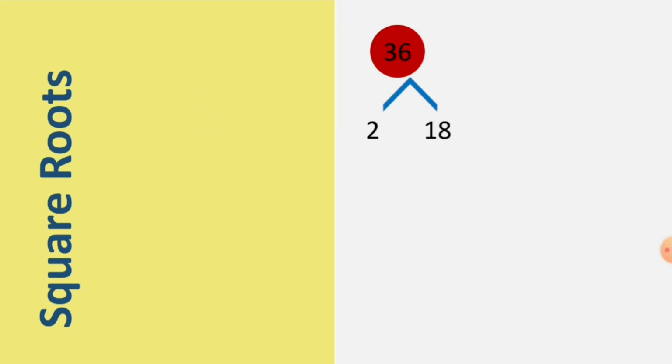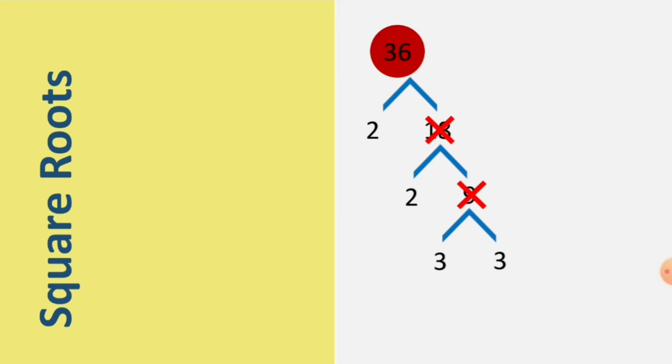We can see that 18 is not a prime number. Since it is an even number, we can also write it as a multiplication of 2 with a number, which is 9. 9 is not a prime number either, and it can be written as the multiplication of 3 times 3.